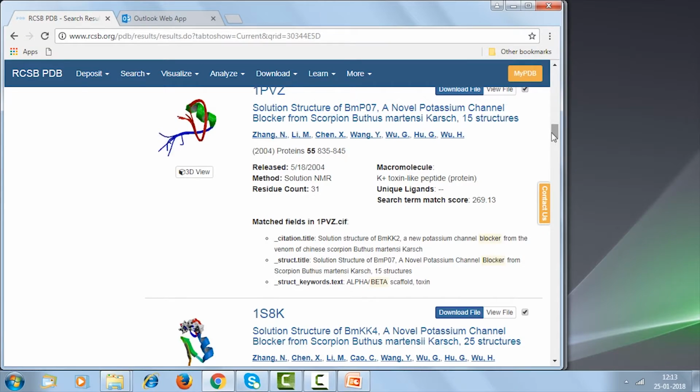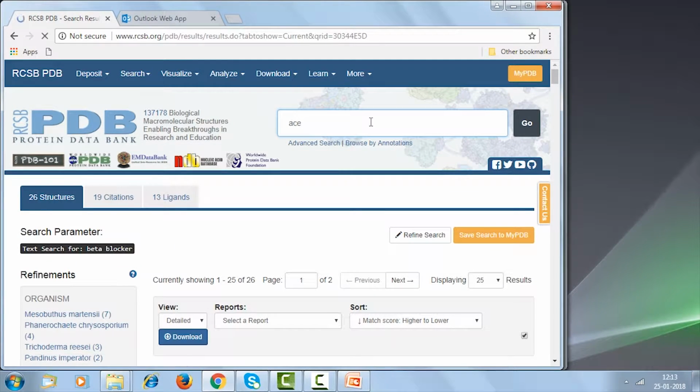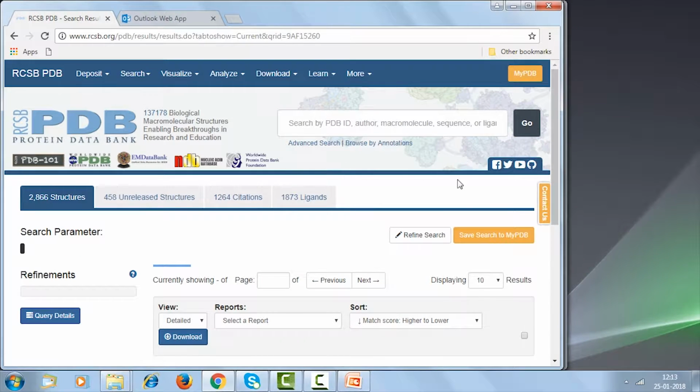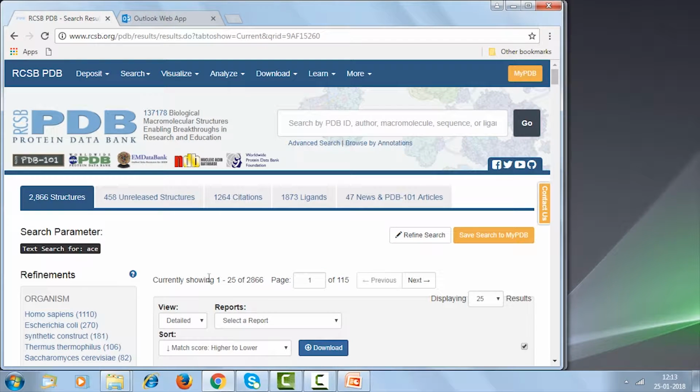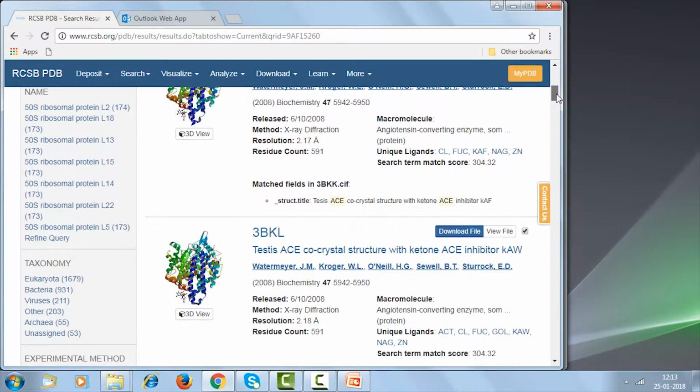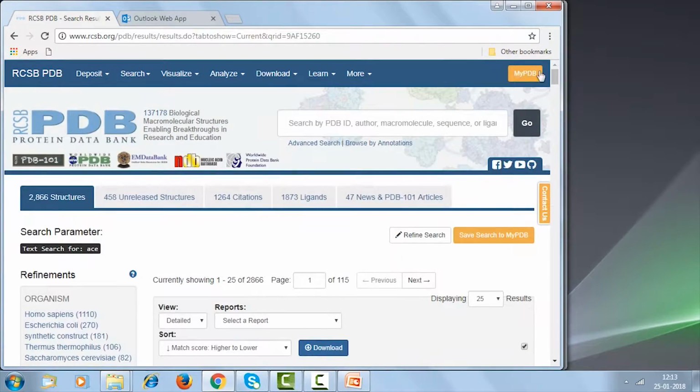Again, there are many ACE structures. Just type ACE, and as you can see, there are many crystal structures of ACE here, so you can be more selective about what you want to have.